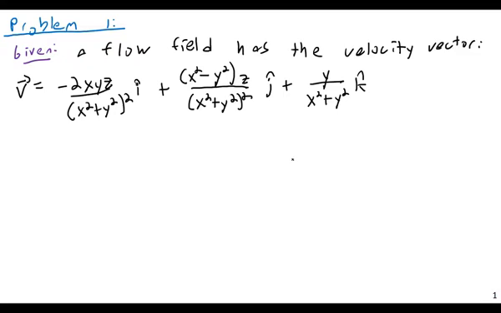So this describes the fluid velocity as it varies in x and y and z. And fundamentally what this means is if I put in coordinates x, y, and z, those points will correspond to a location in space.